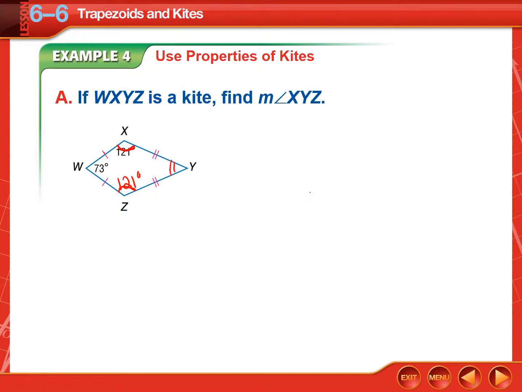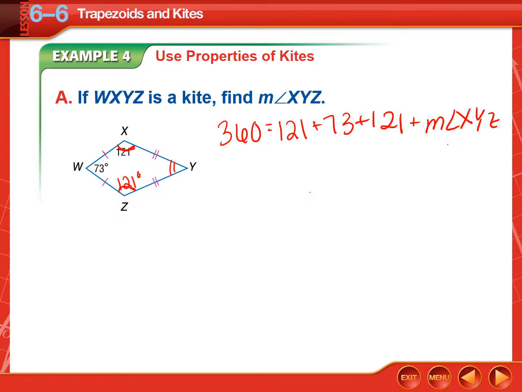And now since this is a kite, we can't say it's 73 degrees. But we can use the fact that a quadrilateral's angles are all equal to 360. So 360 is going to equal 121 plus 73 plus 121 plus the measure of angle XYZ.